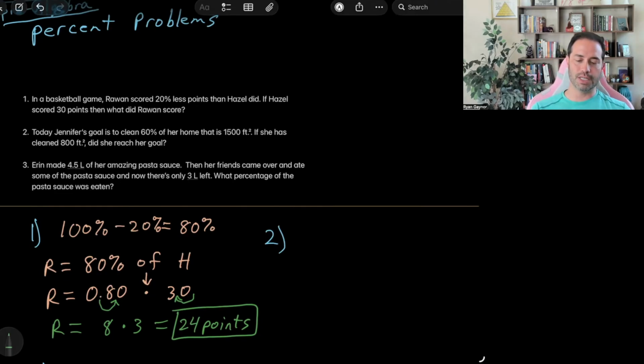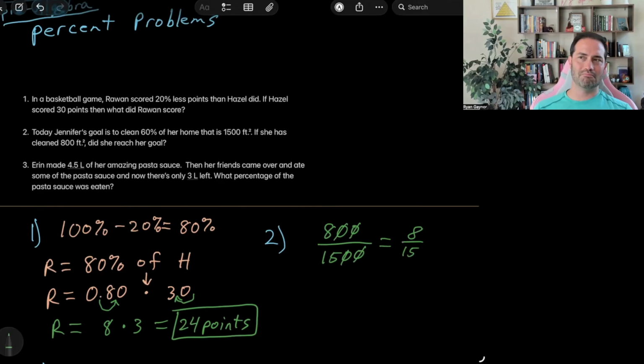Well, we know she did 800 already out of 1,500. So we can now take this fraction and change it to a percentage. What you can do is you can go, okay, well, there's 2 zeros here and there's 2 zeros here. So this goes down to 8 over 15.